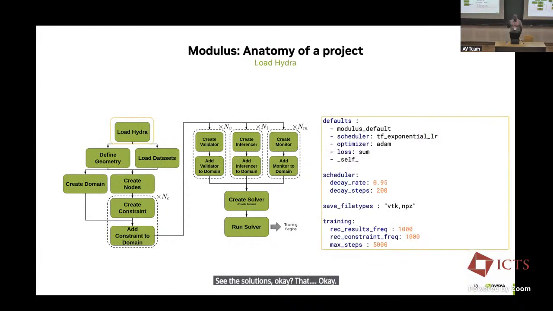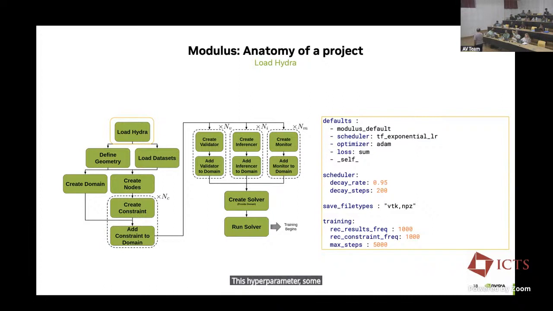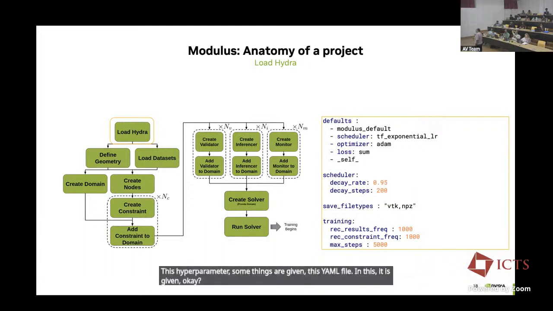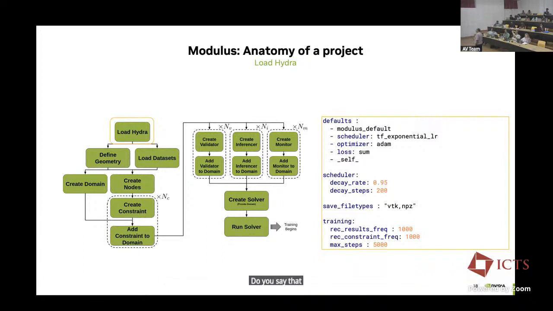So you were asking for the code, no? This is the code which specifies some load Hydra with these hyperparameters. Some things are given in this YAML file. In this, you say the decay rate is so, decay steps is so, save files and all that.